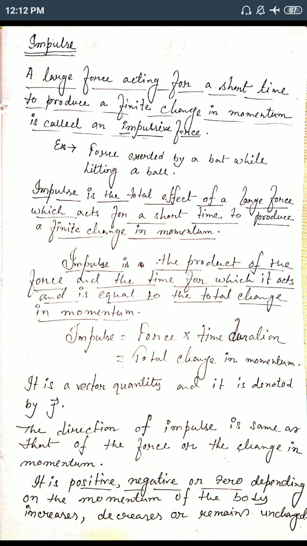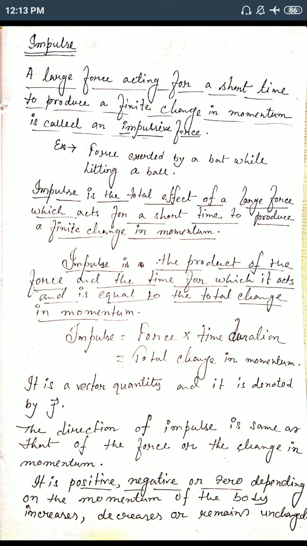The direction of impulse, the direction in which the momentum will change, is the same as the direction in which the force is applied, as per the second law. Clear? So we can conclude that impulse can be positive, negative or zero, depending on whether the momentum of the body increases, decreases or remains unchanged.